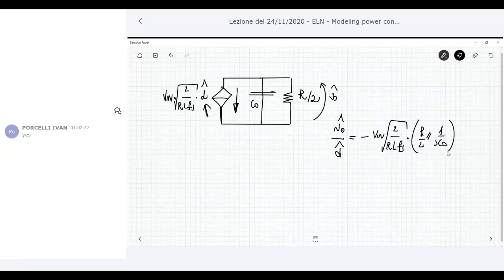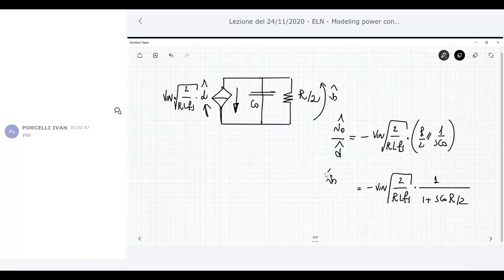Okay? So this is minus V in square root of 2 RLFS, and this is 1 over 1 plus S C naught R over 2. This is my transfer function.